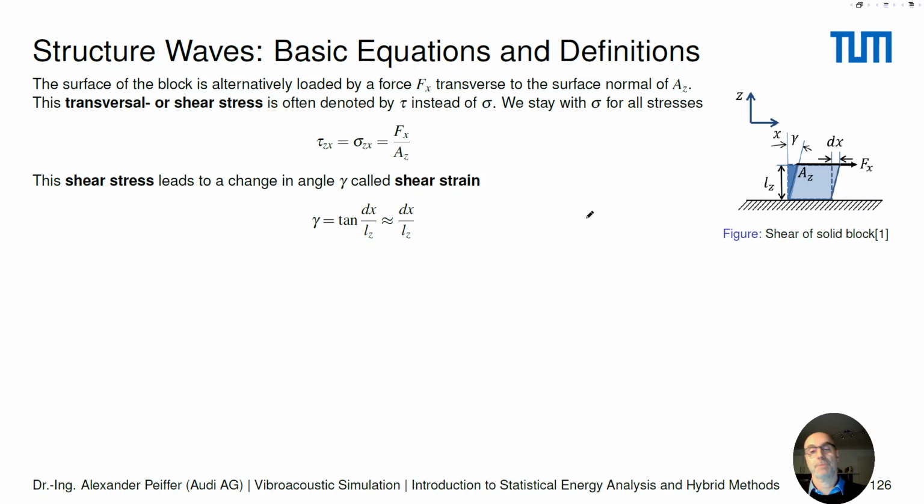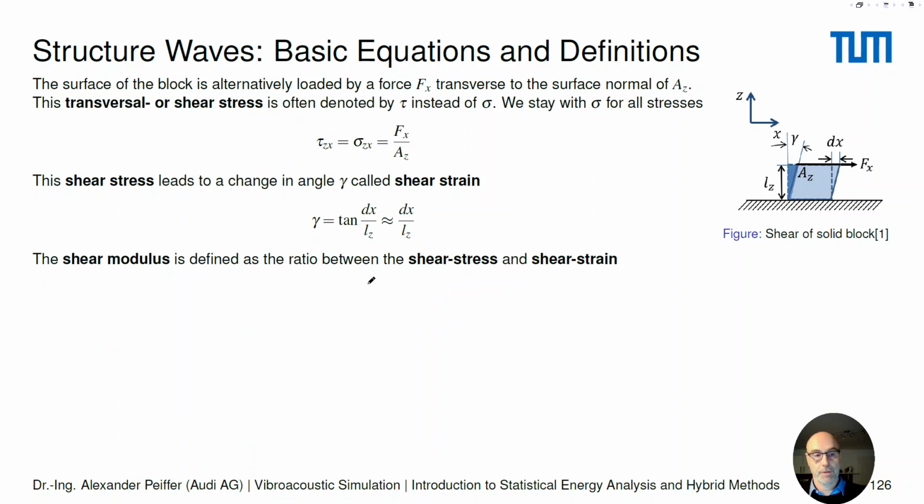If we do it totally precisely, we need the tangent of the change of the dislocation of x, or the displacement, and the length of this block in z direction. But for very small angles, it is similar, because the tangent for small dx is nearly like the ratio of x divided by z.